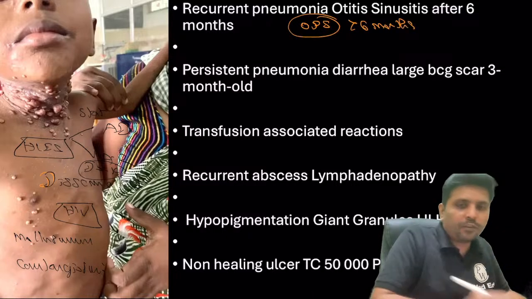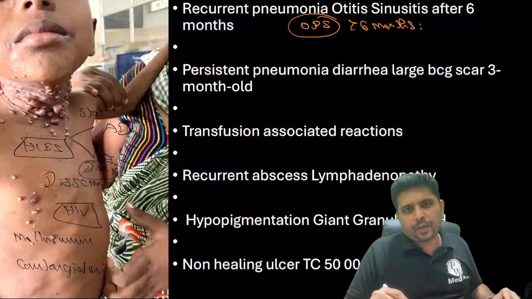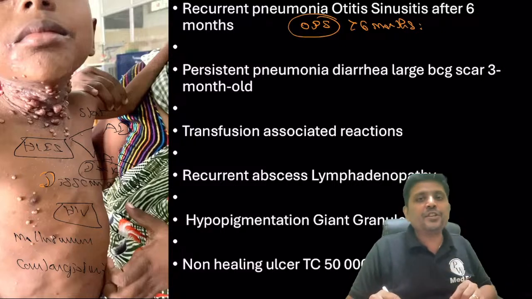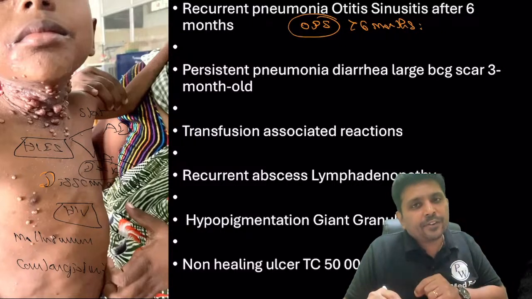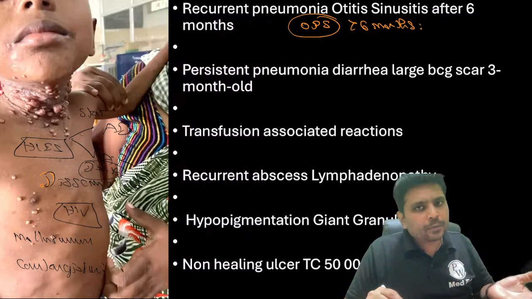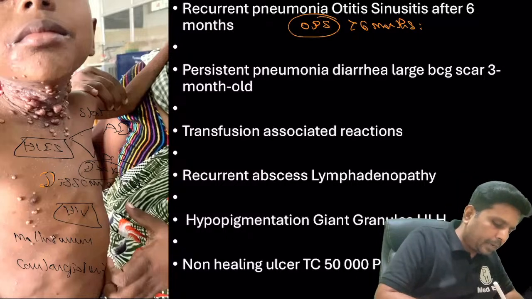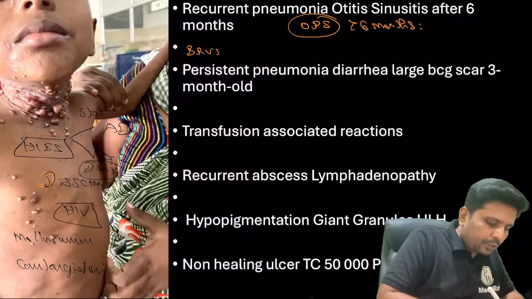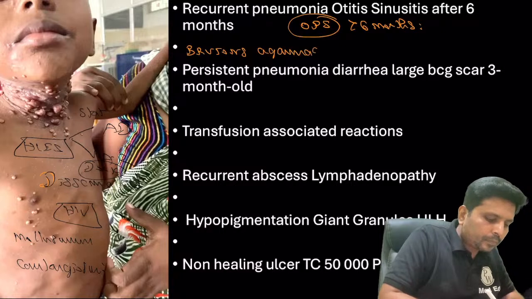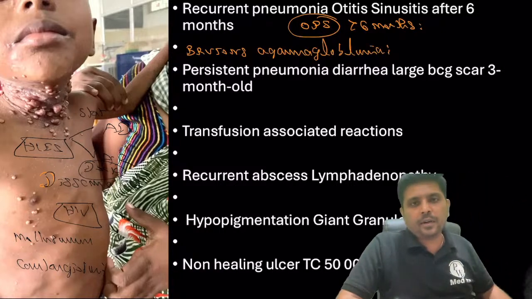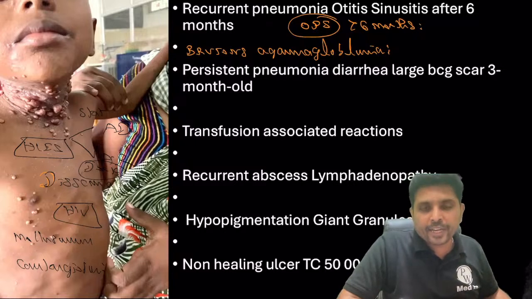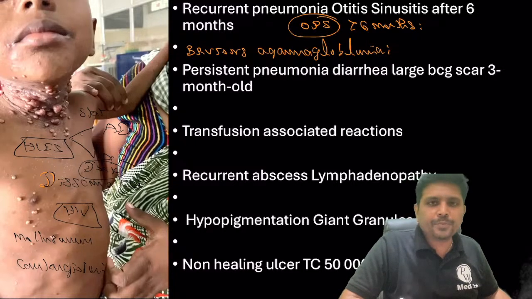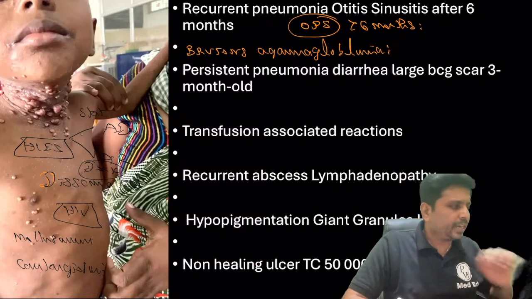Usually in favor of B cell deficiency. Particularly if it is a boy, it is Bruton's agammaglobulinemia. Recurrent pneumonia, sinusitis, otitis media after 6 months of age.